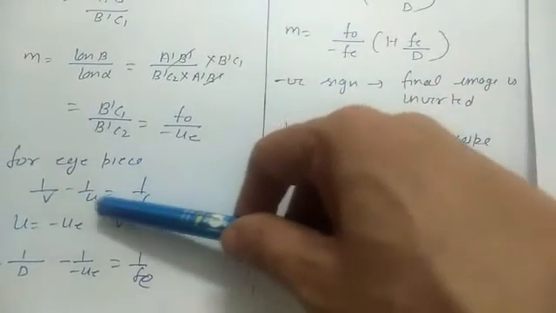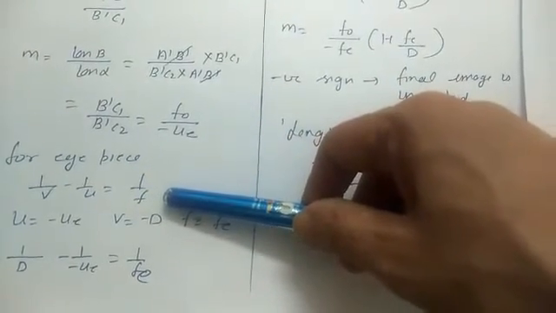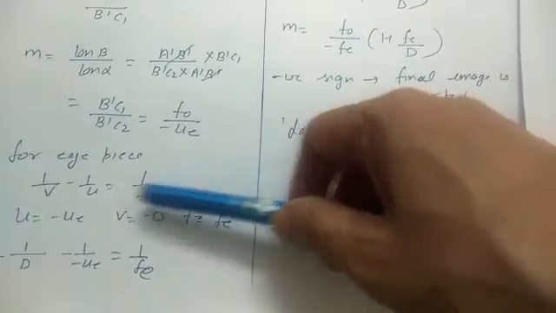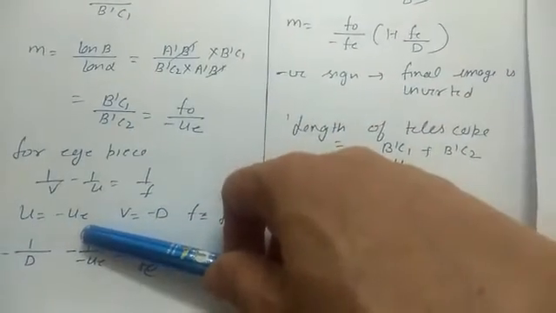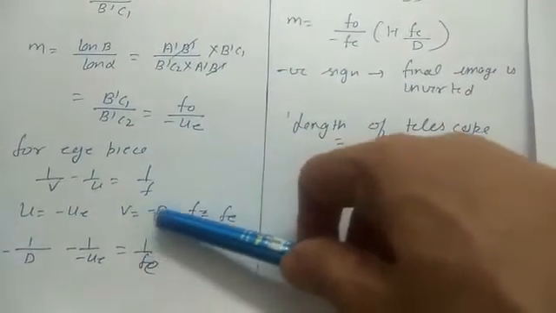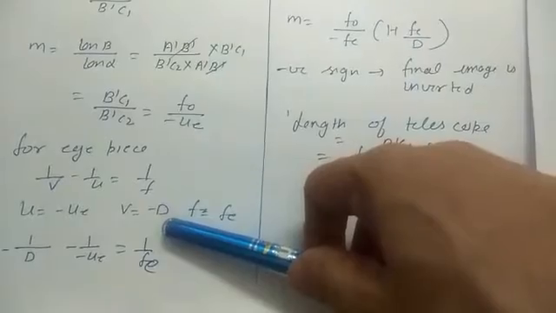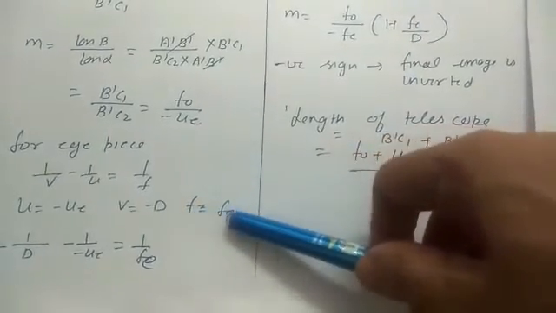Now for eyepiece, what is there? 1 upon V minus 1 upon U is equal to 1 upon F. This is our lens formula. And U is equal to minus UE. And V is equal to minus D, that is minus 25 centimeter. And focal length FE.